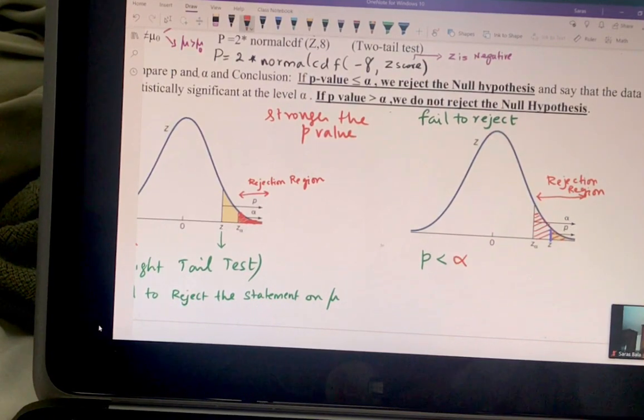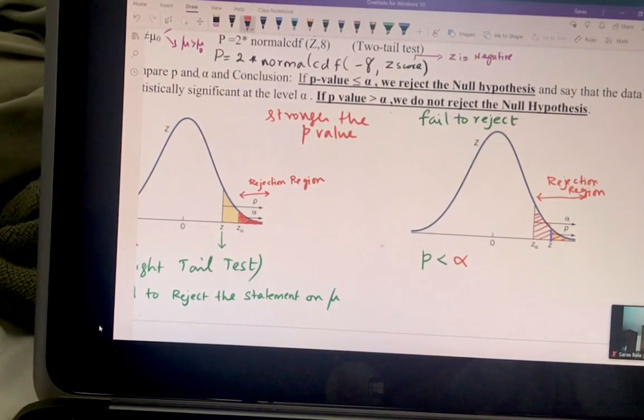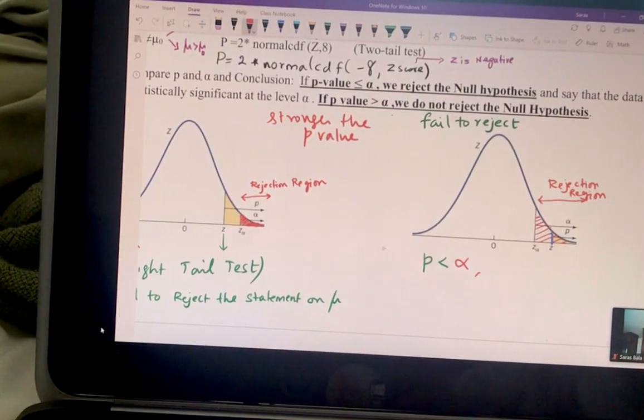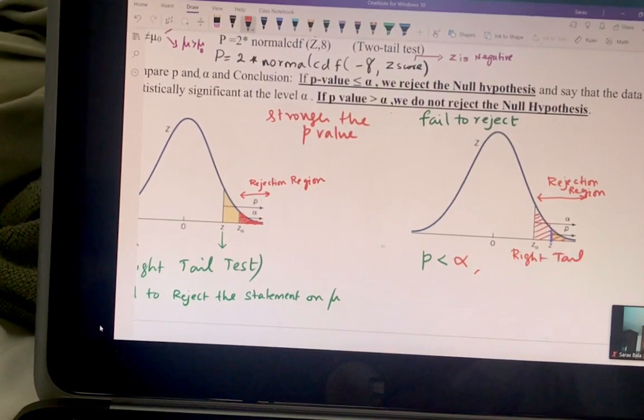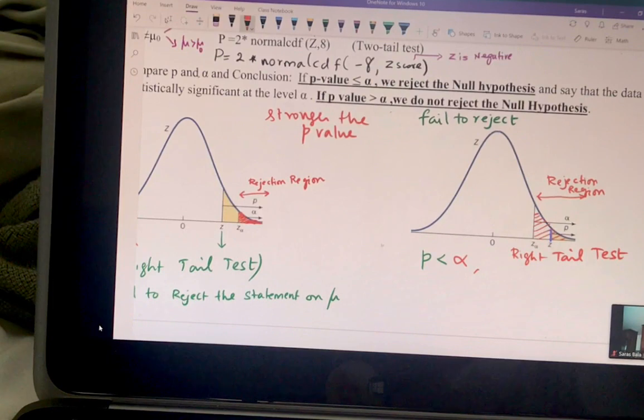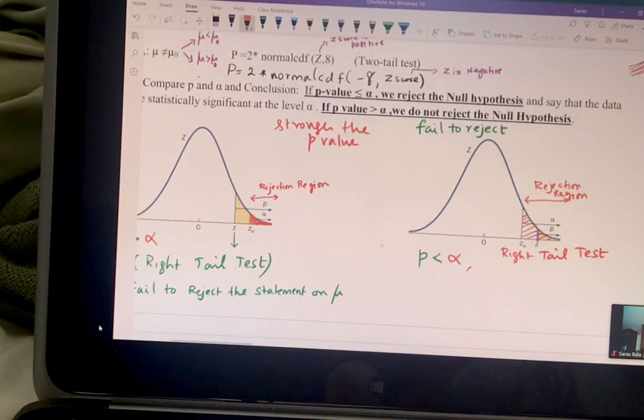So this is also your right tail test. And since my p-value is falling in the rejection zone, what is the conclusion? I am going to be rejecting the null hypothesis.